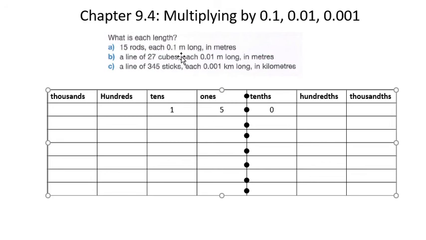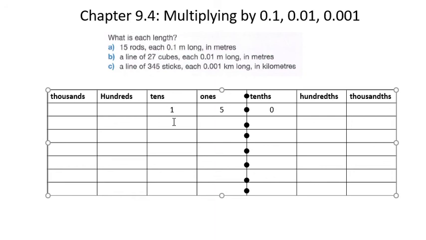So each one rod being 0.1 meters means that it's definitely going to be less than 15 meters. And how do we know that? Because if it's 15 rods at 1 meter each, it would be 15 meters. But 0.1 is 1/10 of 1. So we know that our answer will be 1/10 of this.